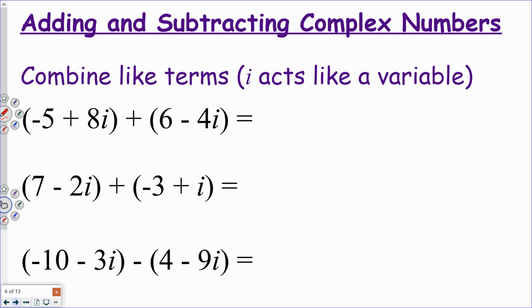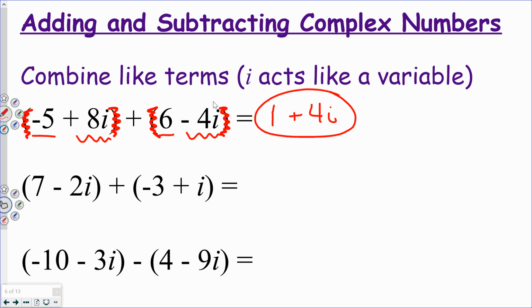So if I'm adding, the parentheses are not necessary. Do you have like terms in this one? Yeah, negative 5 plus 6. That was the hard question of the day. And then 8i minus 4i is a positive 4i.